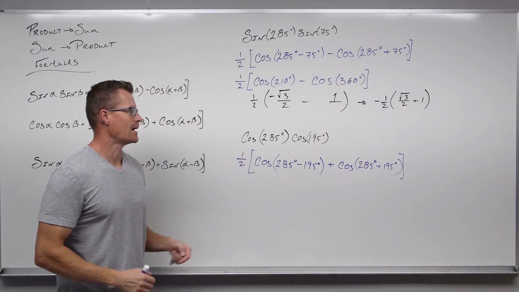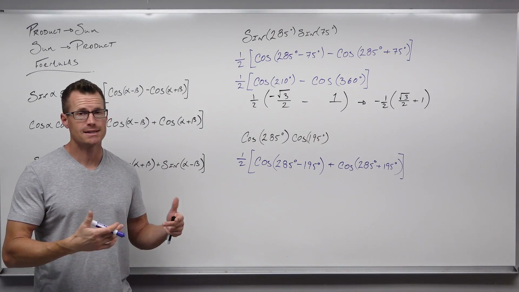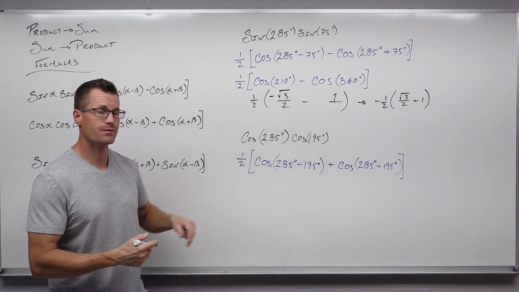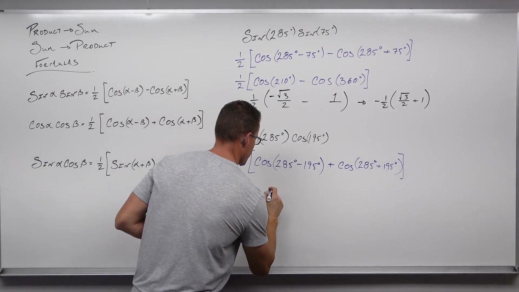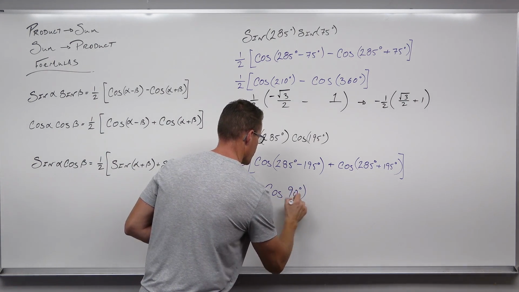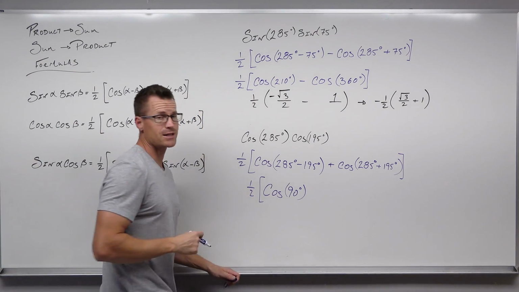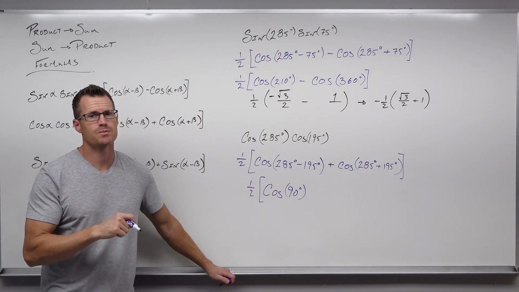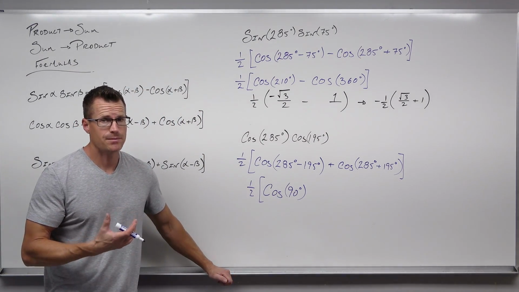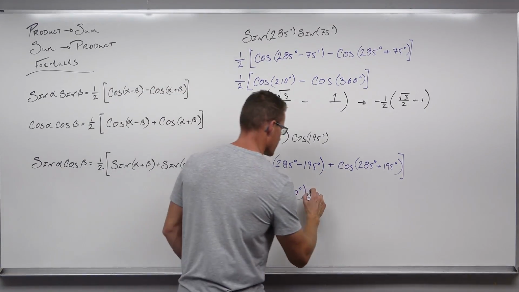So we've done exactly that. So if I take 285 degrees and subtract 195, we're going to get exactly 90 degrees. So this is cosine of 90 degrees. That's pretty convenient because that's the same thing as pi over 2. When we add them together, we're going to get cosine of 480 degrees.